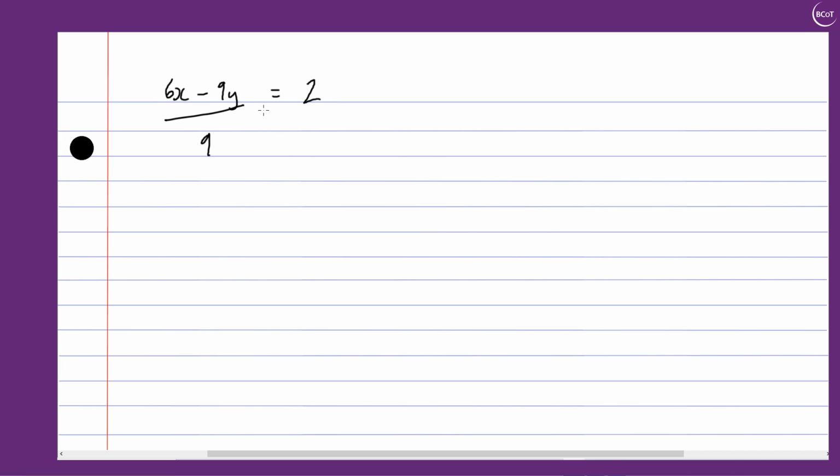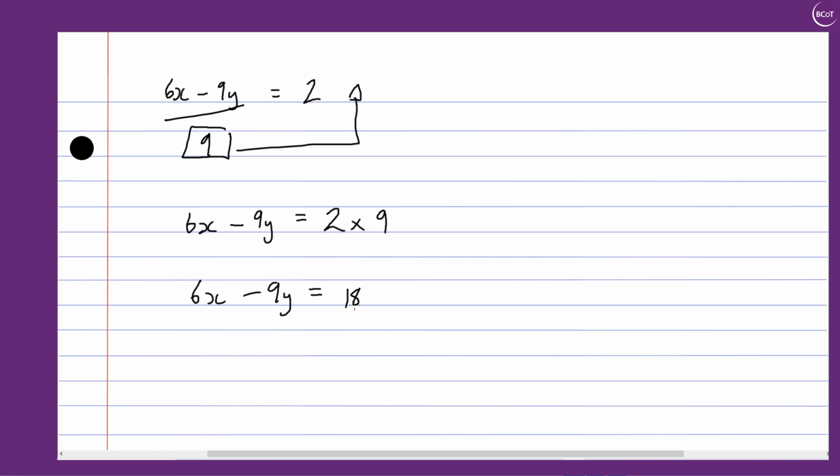Six x minus 9y over 9 is 2. Multiply both sides by 9. So slide and rise that bottom 9. Gives us 6x minus 9y is 2 times 9, which is 18. Now to get 6x on its own, we move the minus 9y to the other side, gives us 6x equals 18 plus 9y.